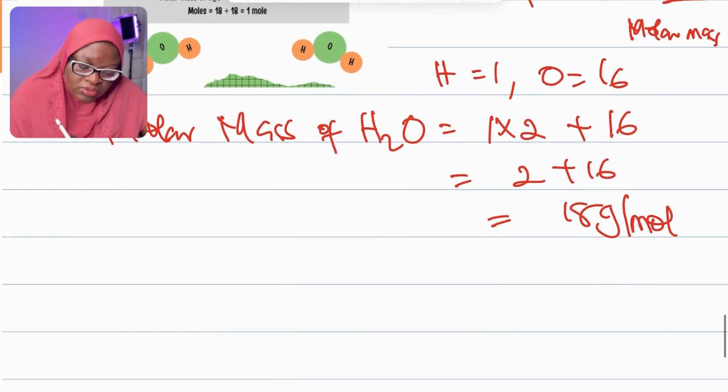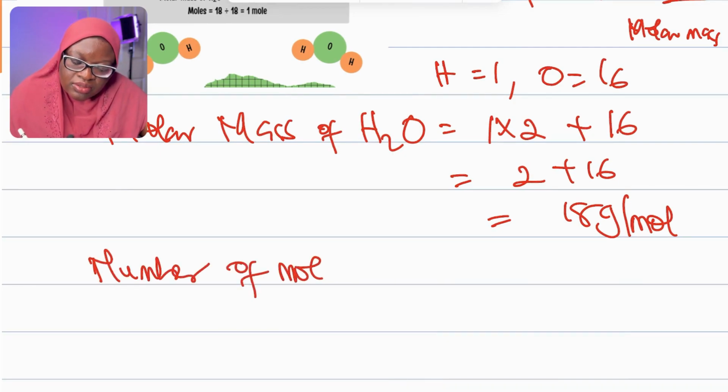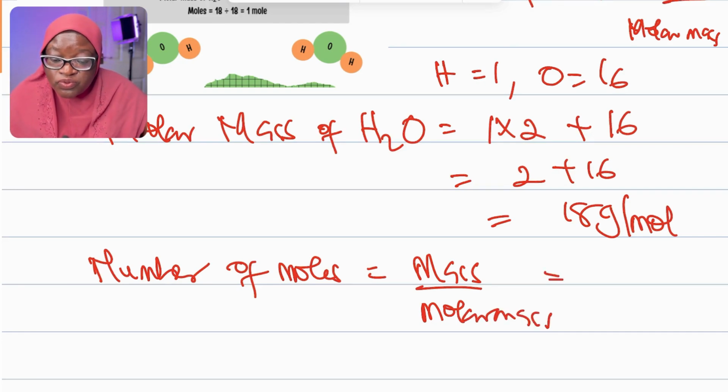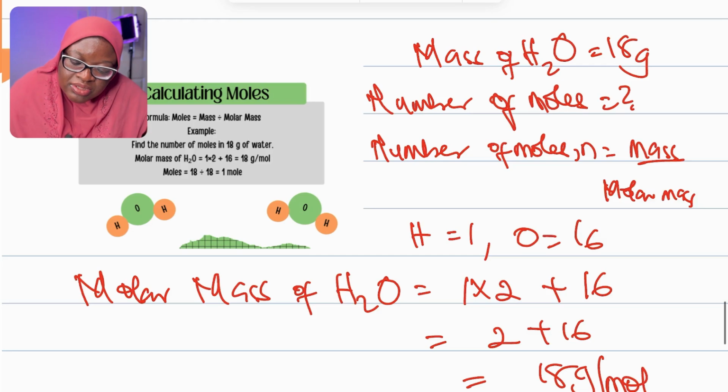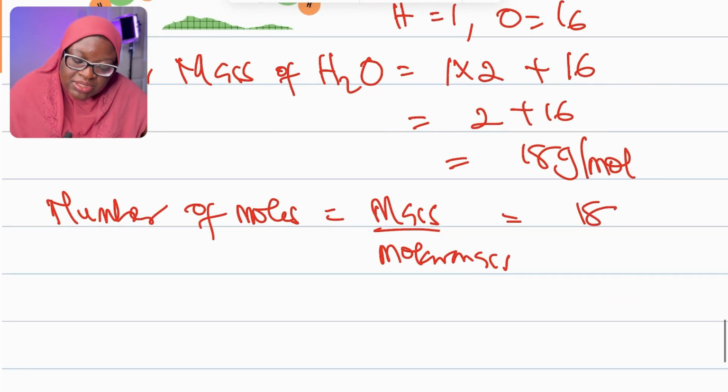Number of moles is equal to mass over molar mass, like we know. And in that case, the mass we've been given to work with here is 18, and the molar mass is 18 as well.